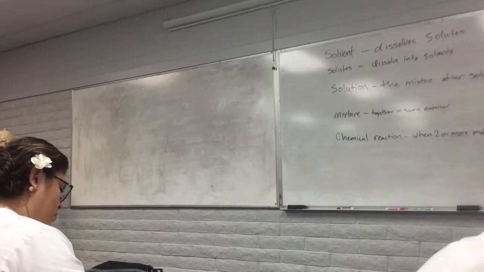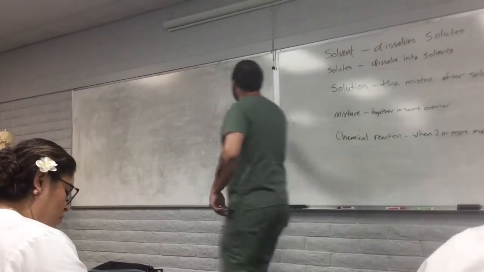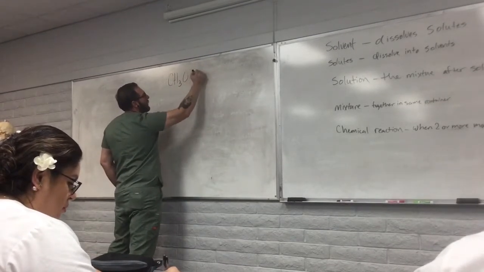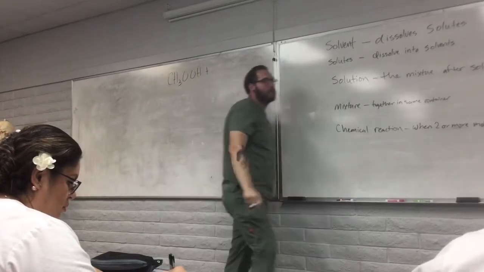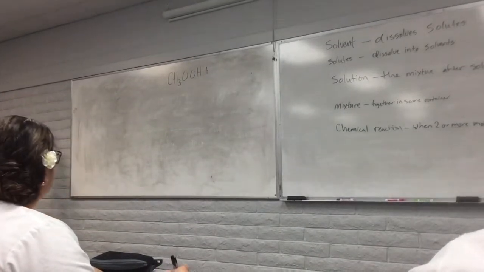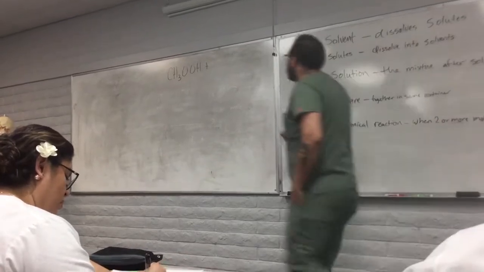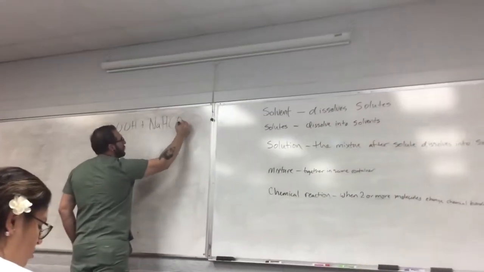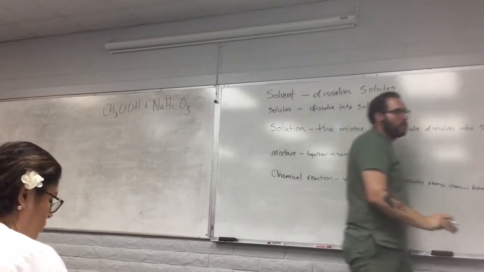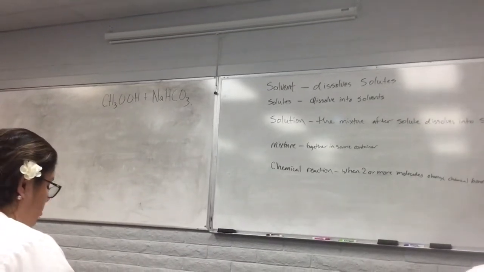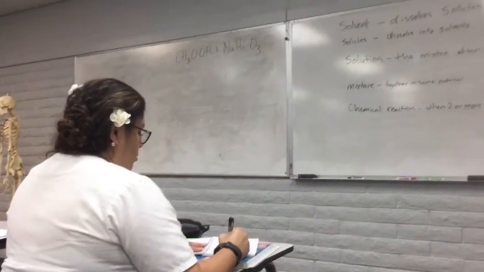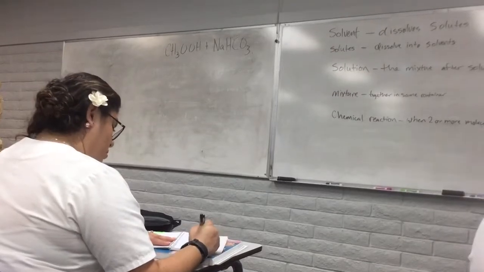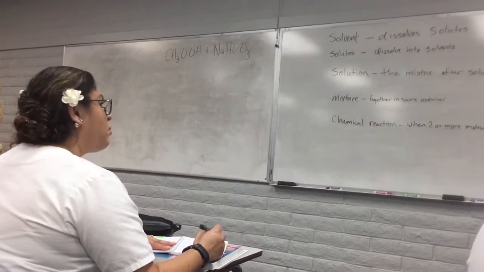So what you have is CH3COOH plus NaHCO3. When you add those together, you have baking soda, which is sodium bicarbonate, and vinegar, which is acetic acid.